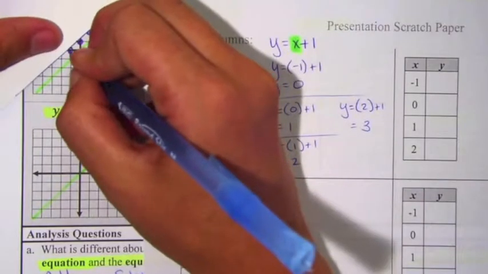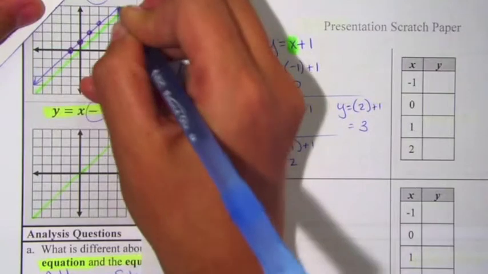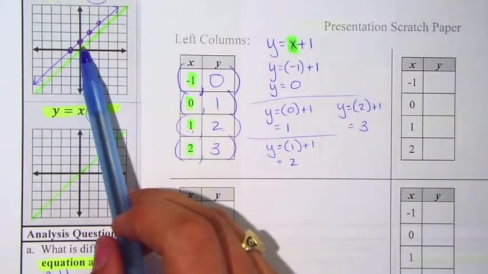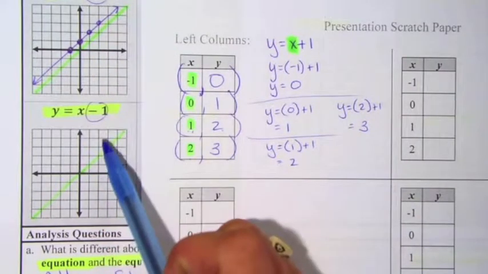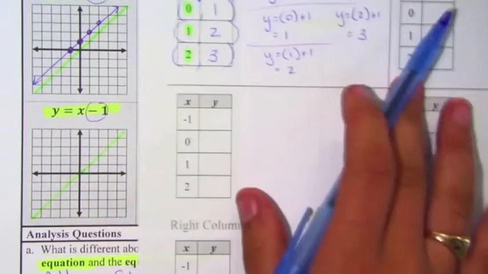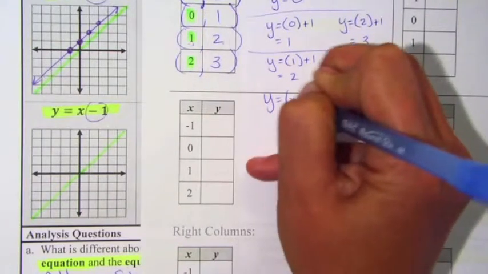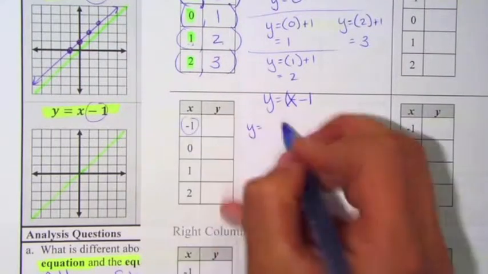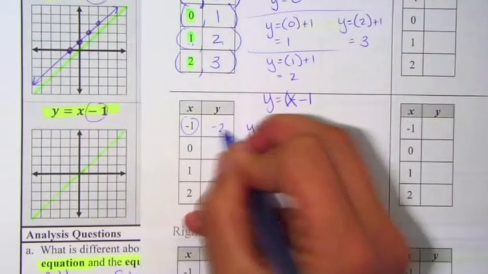So what I'm trying to recognize is that it seems like the parent function moved, everything moved up 1 unit. So I'm going to make a conjecture that everything's going to move down 1 unit here. So let's go ahead and do this one quickly. x minus 1, so I'm going to substitute in negative 1, which gives negative 2.